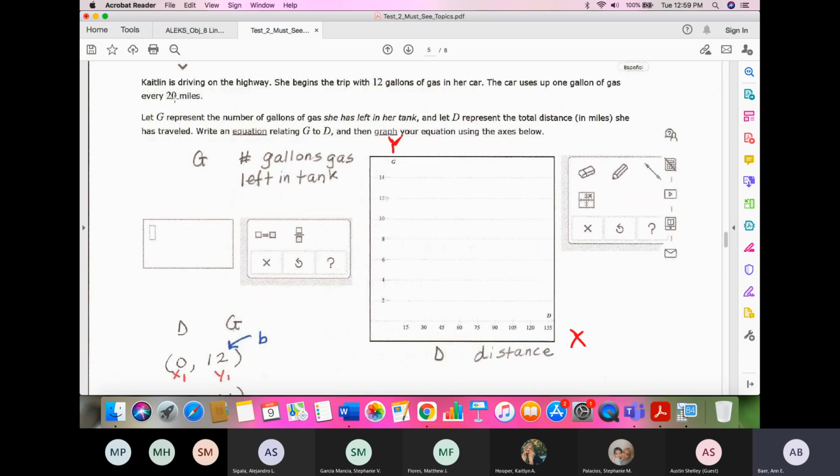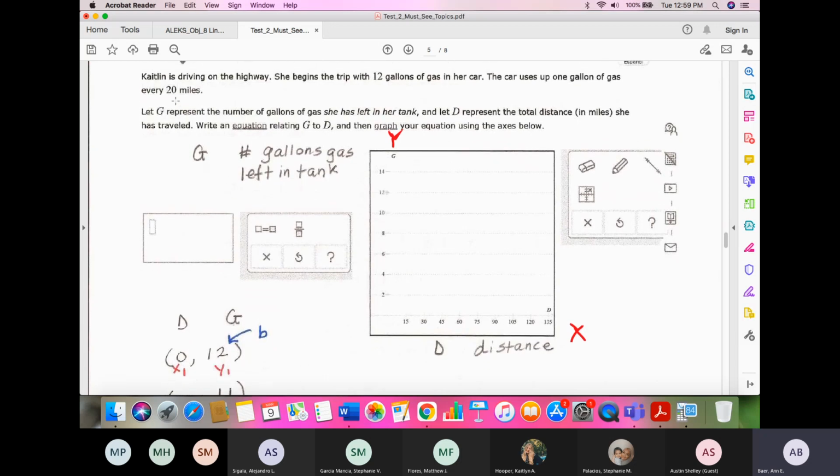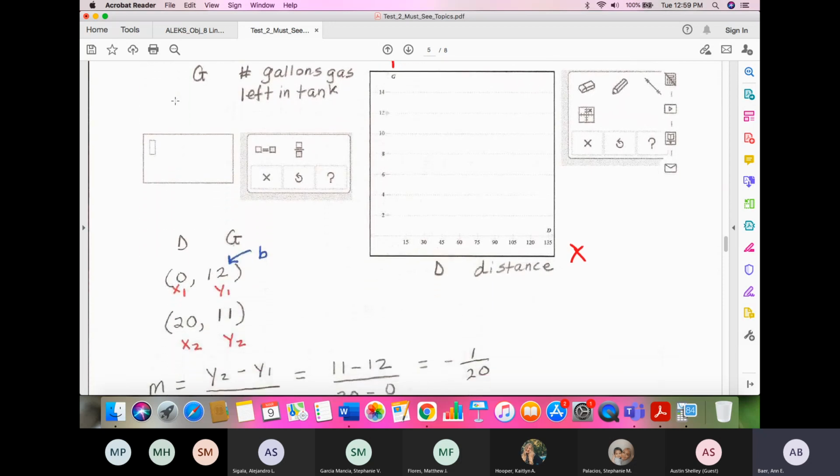I picked 20 for the next distance because it's related to using up 1 gallon of gas. Easy to work with. 20. So 20 is the next. 20 miles is at the next place that she's using up 1 gallon of gas.